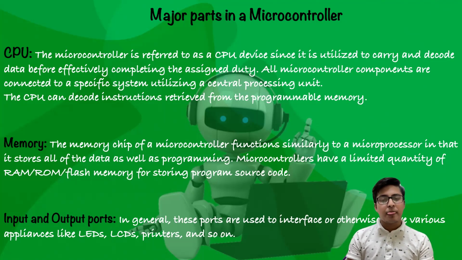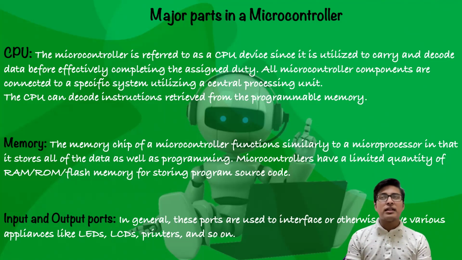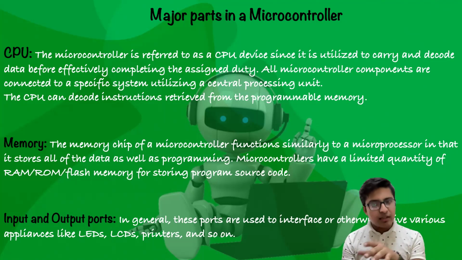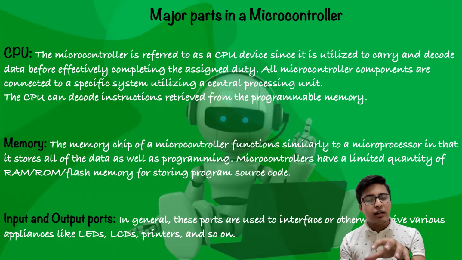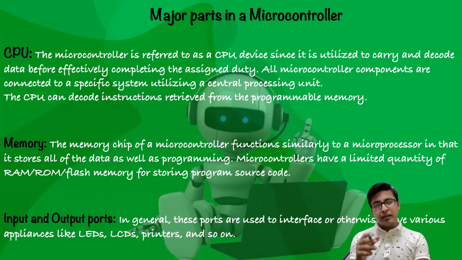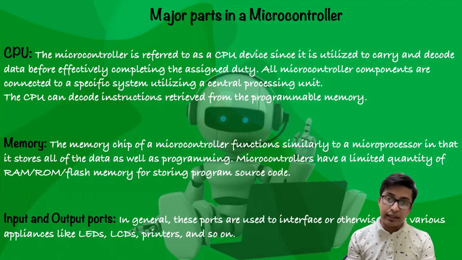After which comes the memory. This memory part is very important because it is the primary reason why we distinguish between so many kinds of microcontrollers. The memory chip of a microcontroller functions similarly to a microprocessor in that it stores all of the data as well as the programming that we are doing currently.